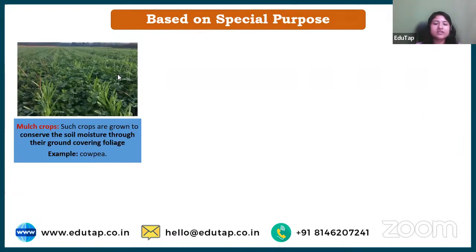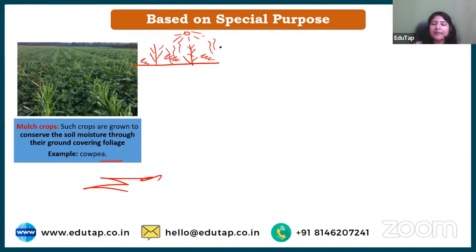Next we have mulch crops. The aim of a mulch crop is to protect the moisture, so we grow such crops which spread across the field. Let me give you an example. If this is a field and I have sown a crop which grows like this, this area is exposed to the sun rays, and because of that the moisture will evaporate, and the plants will be at a loss if the water gets evaporated.